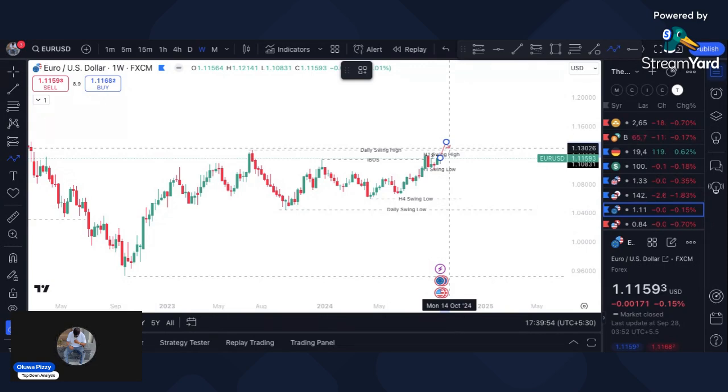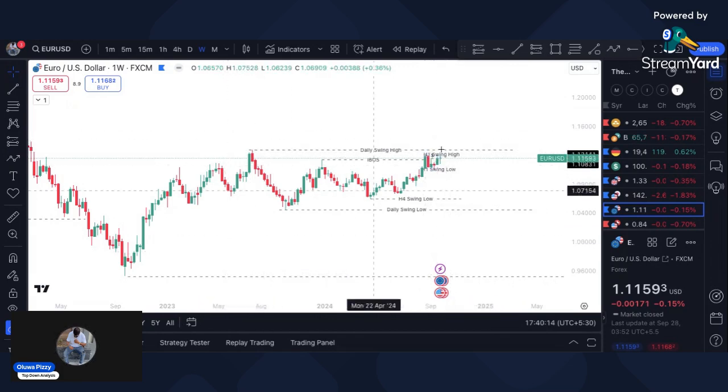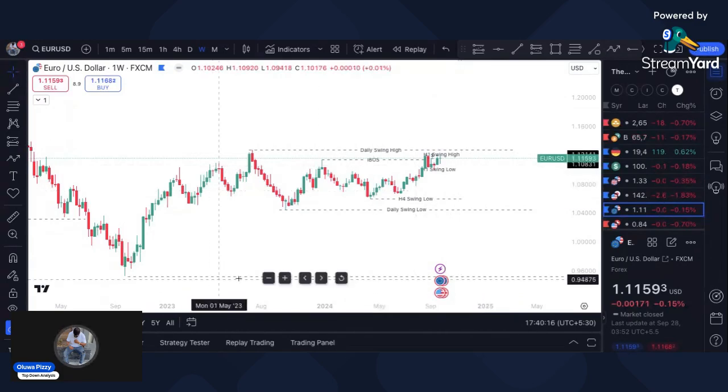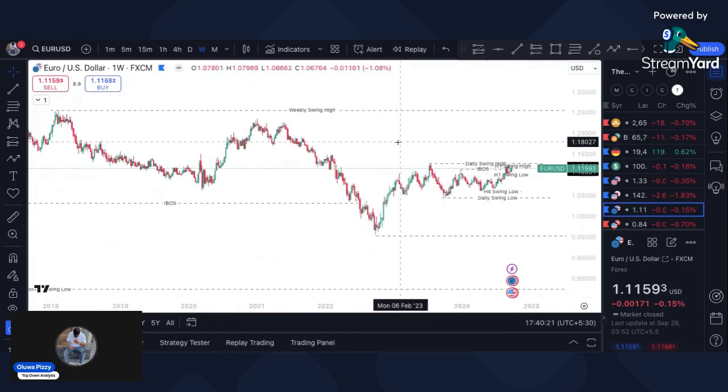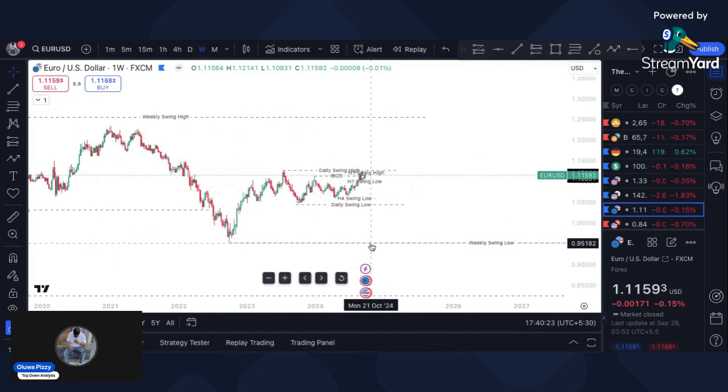That means the 5 minutes, 15 minutes, 1 hour, 4 hour, daily, and weekly have aligned with the monthly. What we are trying to see is for this to be taken out. Once this daily time frame is taken out, that means it has aligned with the weekly time frame. Do not forget, this is the weekly time frame, this is the low, and this is the high.